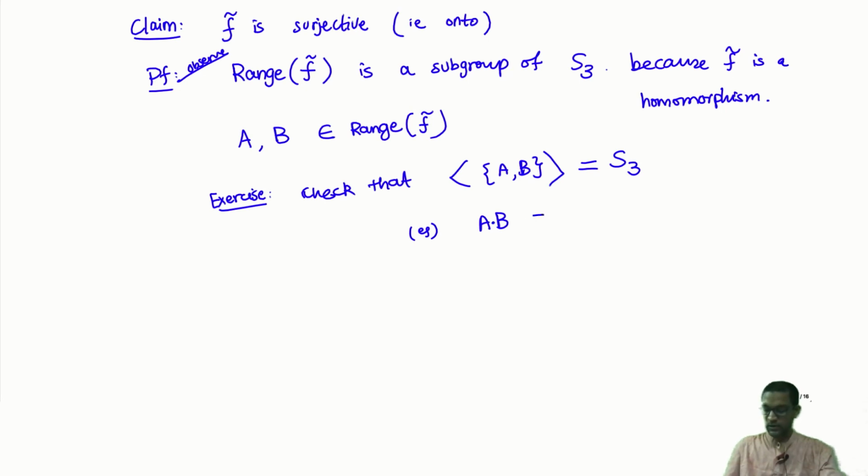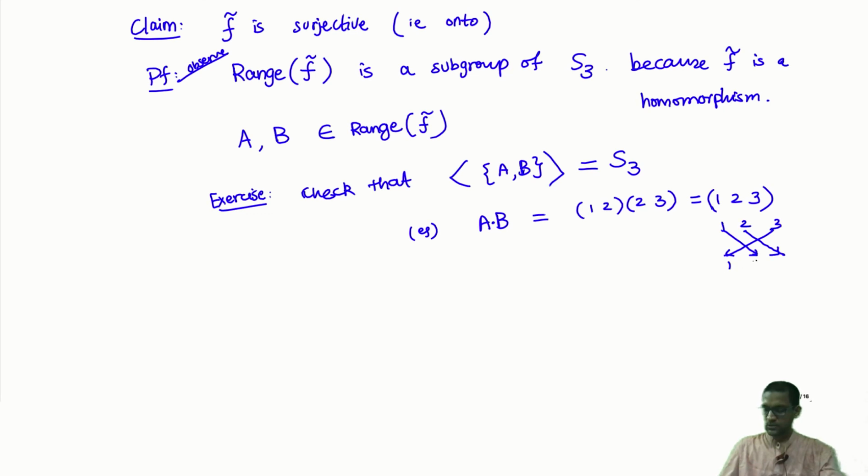If I take AB, which is the cycle (1 2) times the cycle (2 3), you can check using the diagrams. It's a composition of these two maps. 2 goes to 3 under the second map, and 3 goes to itself, so 2 goes to 3. I claim this is just the 3-cycle (1 2 3). In other words, this is the map which sends 1 to 2, 2 to 3, and 3 to 1.